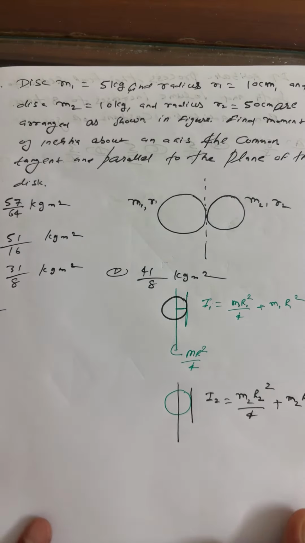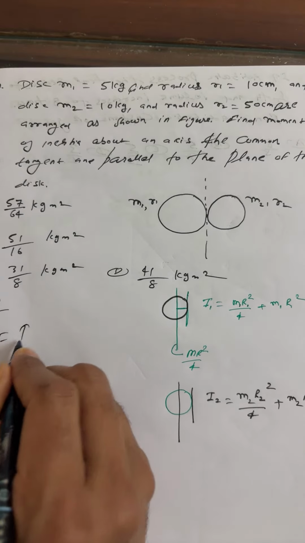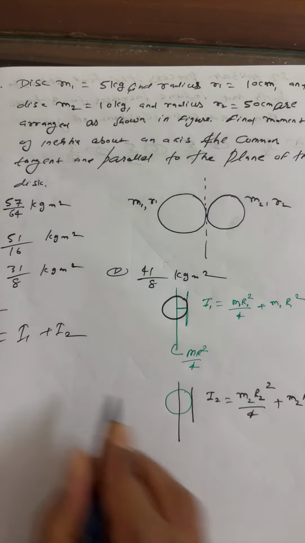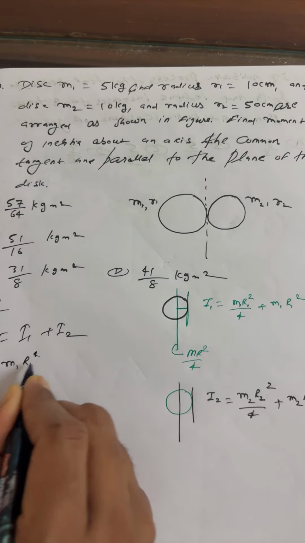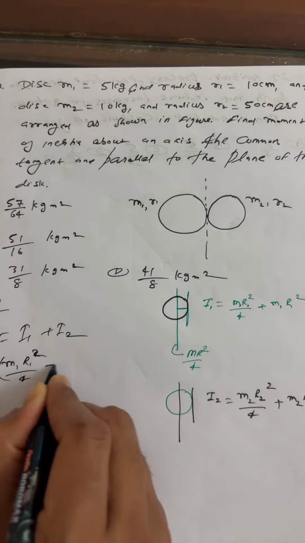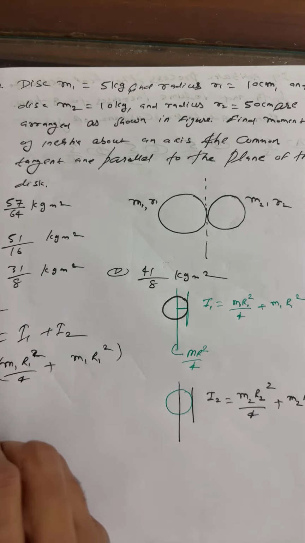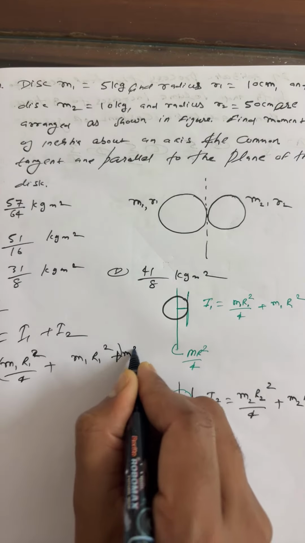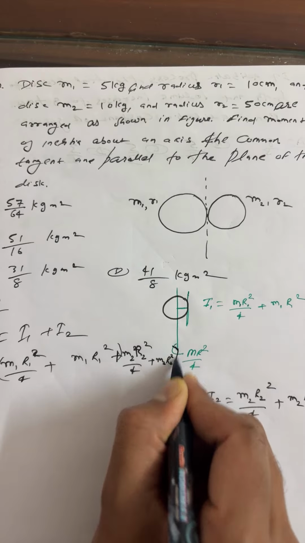They're asking for the net moment of inertia, so simply add. I equals I1 plus I2, which is M1 R1 square by 4 plus M1 R1 square plus M2 R2 square by 4 plus M2 R2 square.